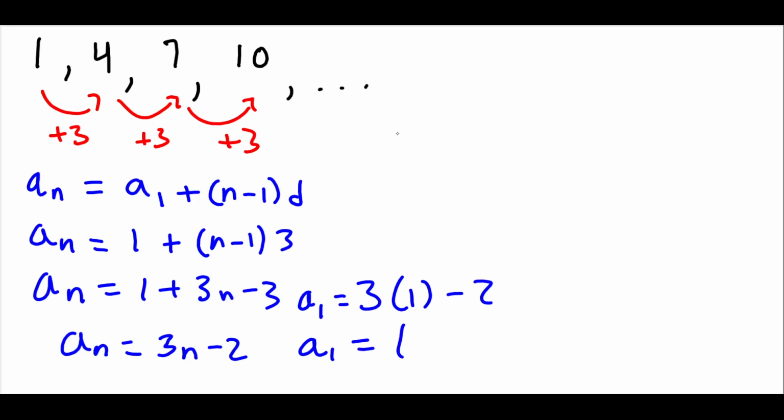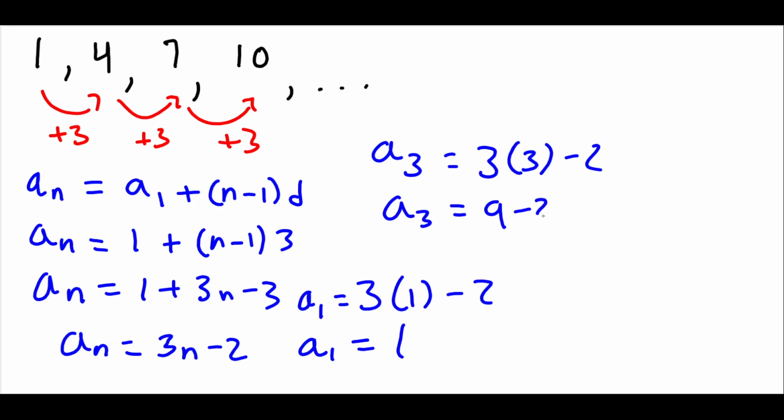Or let's say a sub 3. A sub 3 equals 3 times 3 minus 2, which is 9 minus 2. A sub 3 equals 7. In this case, this is the 1st, 2nd, 3rd term.